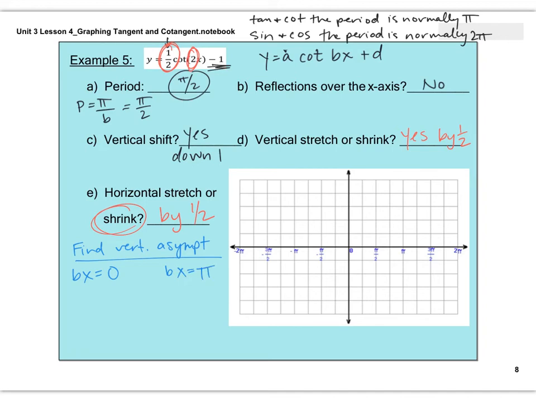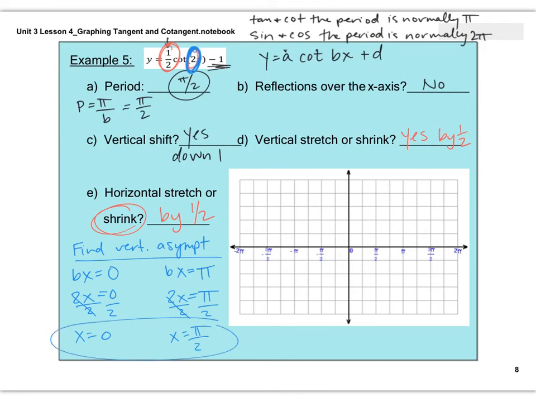So in this case, plug in your b. We're going to use the formula bx equals our normal asymptotes, which are 0 and pi. So b in this case is the 2. We're going to go 2x equals 0 and 2x equals pi, and solve both of these. Divide by 2, x equals 0. Divide by 2, x equals pi over 2.